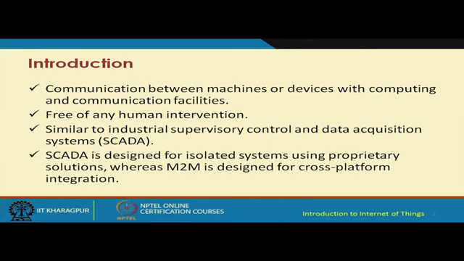This is just a conceptual comparison with SCADA. It is not that wireless SCADA is M2M, but conceptually we can think of M2M as a wireless variant of SCADA. SCADA is designed for isolated systems using proprietary solutions, whereas M2M is designed for cross platform integration. This is very important.